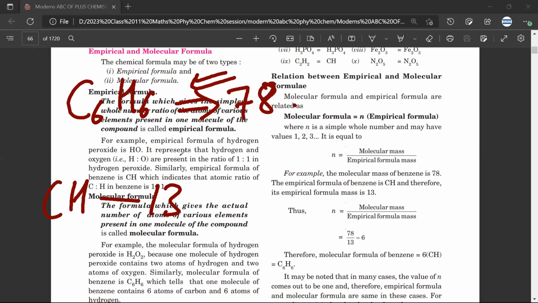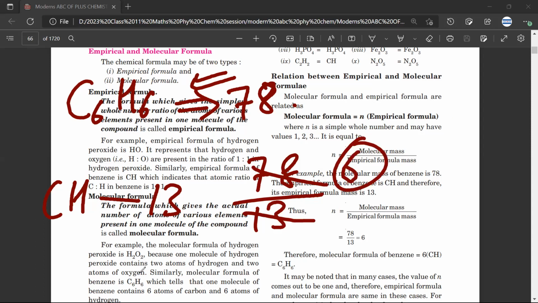Yeah. So then we see that the ratio is 78 upon 13. So n would be 6, and that is why both the atoms in the empirical formula have to be multiplied by 6 so that the empirical formula becomes the molecular formula. Are we clear? Yeah. Great.